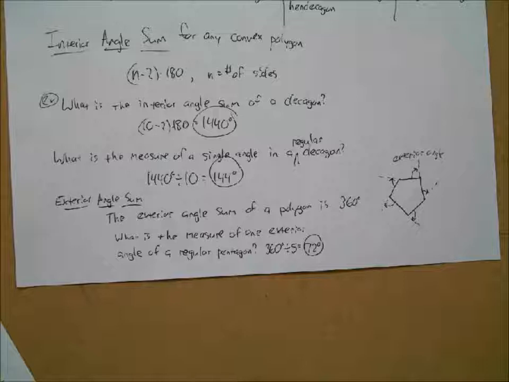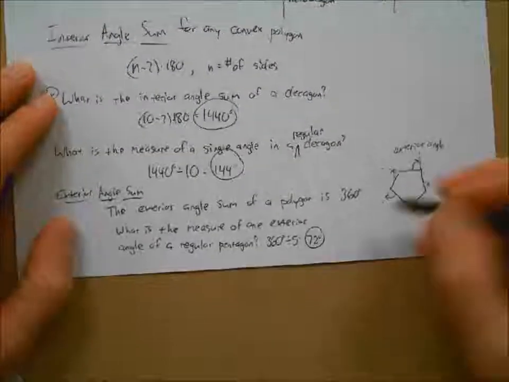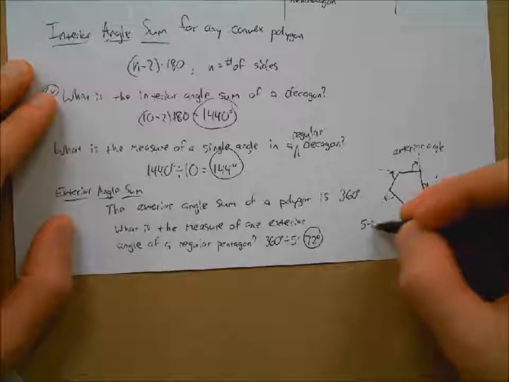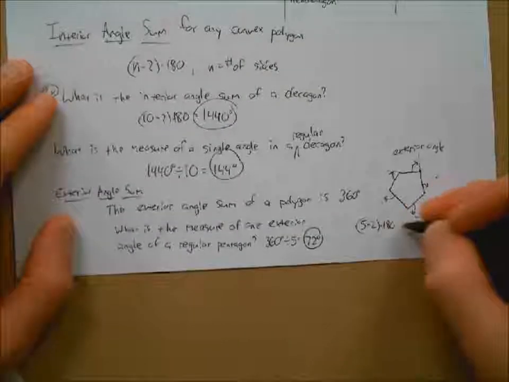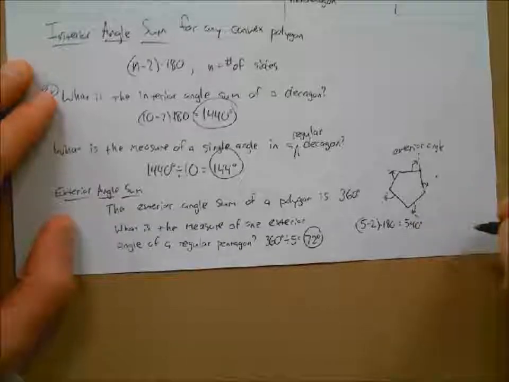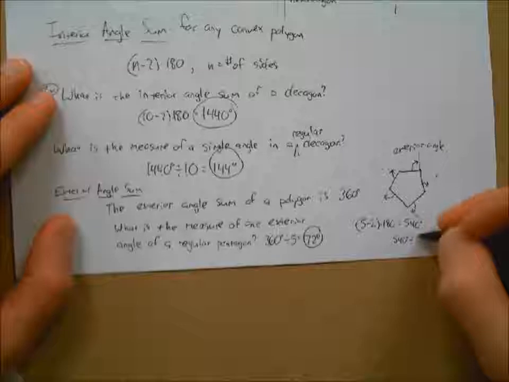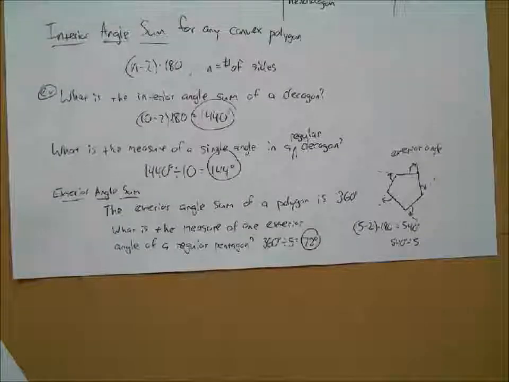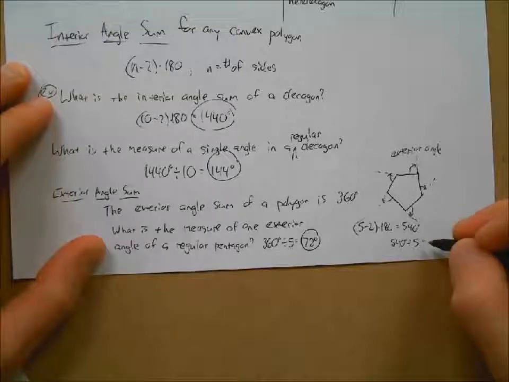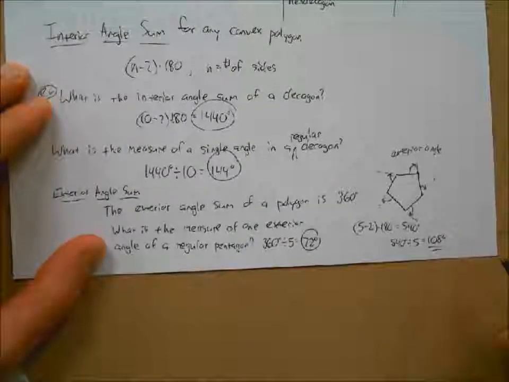Alternatively, you can find the measure of one interior angle. So we can do 5 minus 2 times 180. So it's 3 times 180, which is 540. You can divide 540 by 5 to get the measure of a single interior angle, which is 108. So there's the interior angle measure.